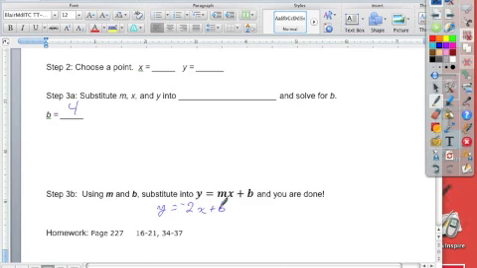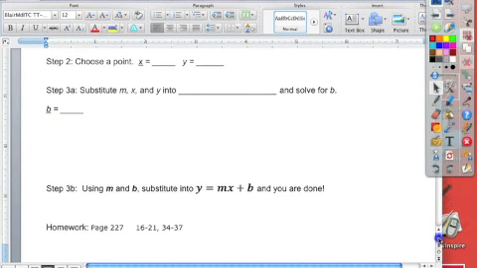And our b, which comes from here, is 4. So y equals negative 2x plus 4. All right, now, that is our notes for the day.